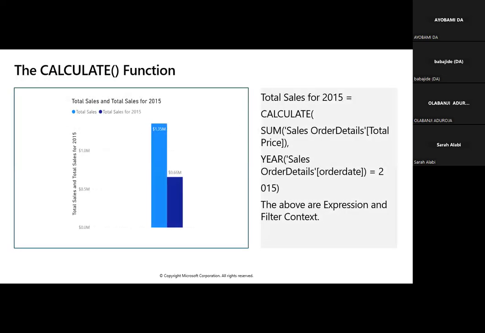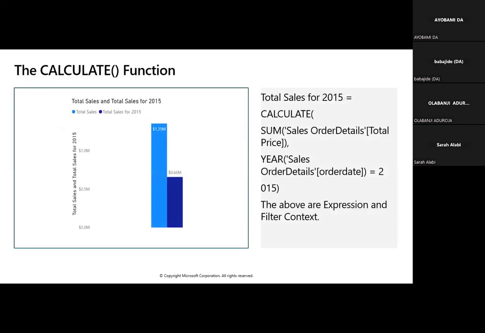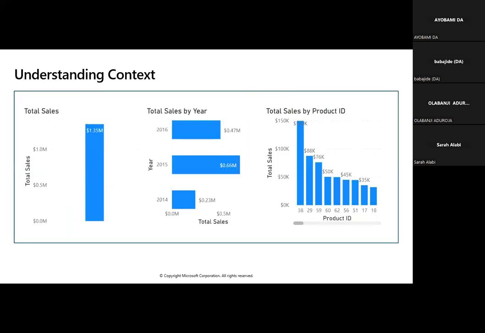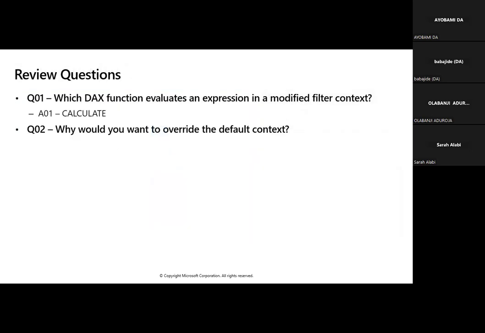That is the difference. Here it is based on this formula, the other one is based on what you pick: total sales per year, total sales per product ID.